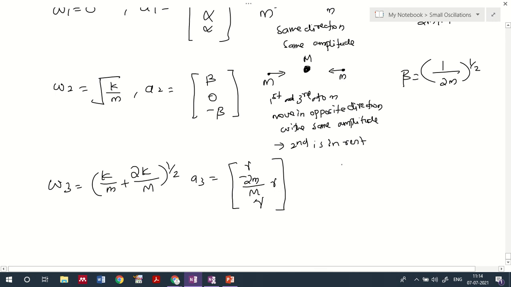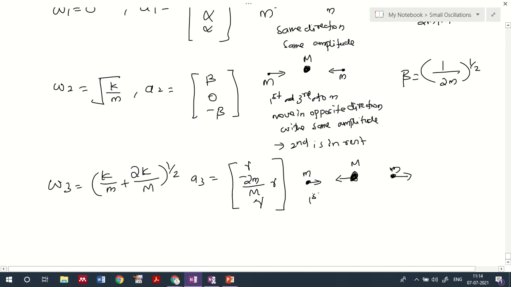And in this case what was our scenario? The smaller ones with small mass m are moving in the same direction, but the center atom, capital M, is moving in the opposite direction.